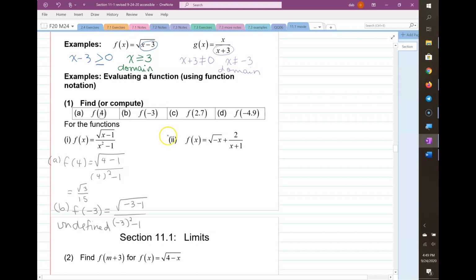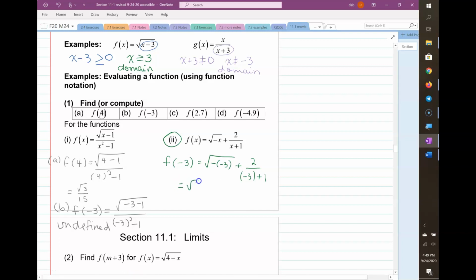Okay, and then let's look at this other function and do one of those and say, well, here f of negative 3 is the square root of the opposite of negative 3. So then we're fine because we have the opposite of negative 3.